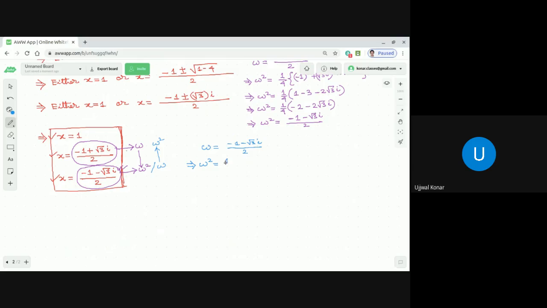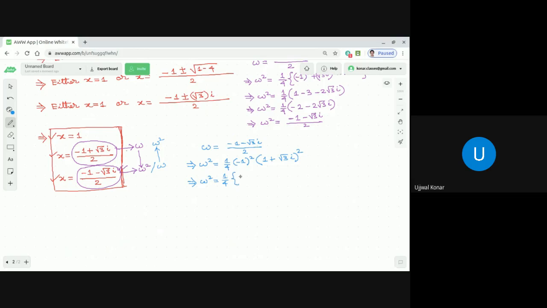Omega square will be 1 by 4. We can take minus 1 common, so minus 1 whole square, 1 plus root 3 into i whole square. I hope all of you agree with me. At any point you do not agree, never hesitate to ask me. So that implies omega square is equal to 1 by 4. Minus 1 whole square is 1, we all know.